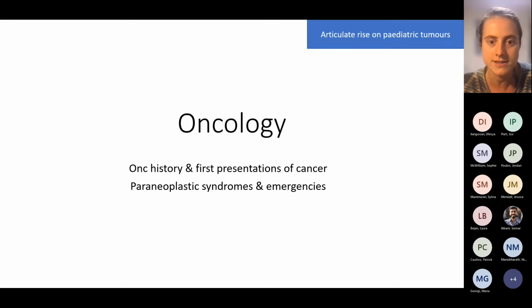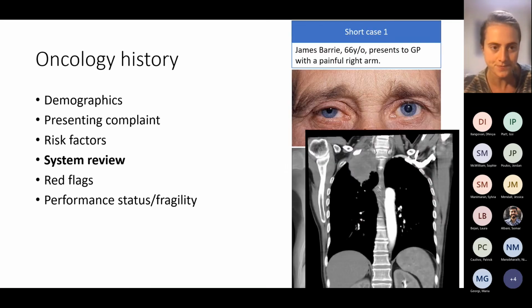Cool. All right. So I'm going to focus on oncology, and it's going to be on first presentations that might not relate so much to the original or primary cancer. A lot of what we're talking about in the sessions I'm getting in 6th year at the moment is clinical reasoning, so the demographics of the patient and how they predispose you to a certain picture in your mind.